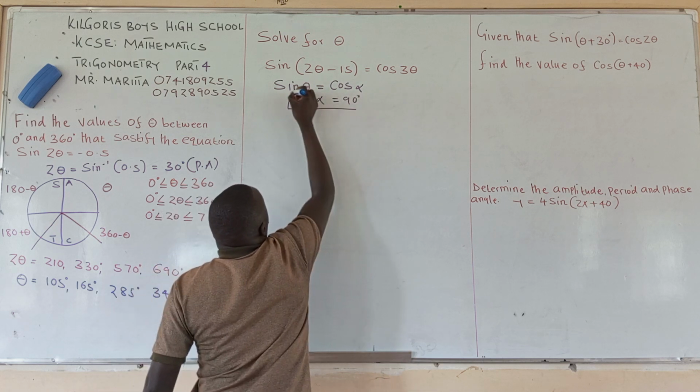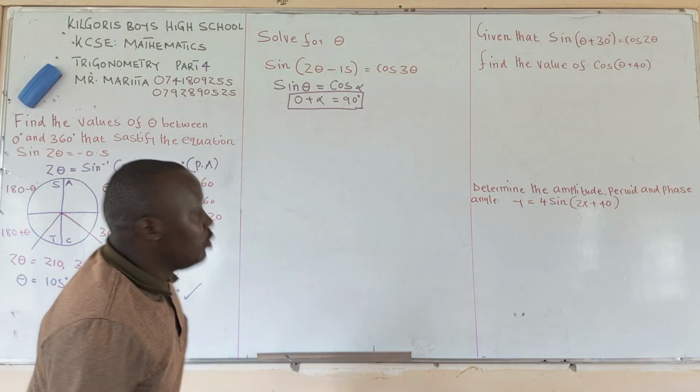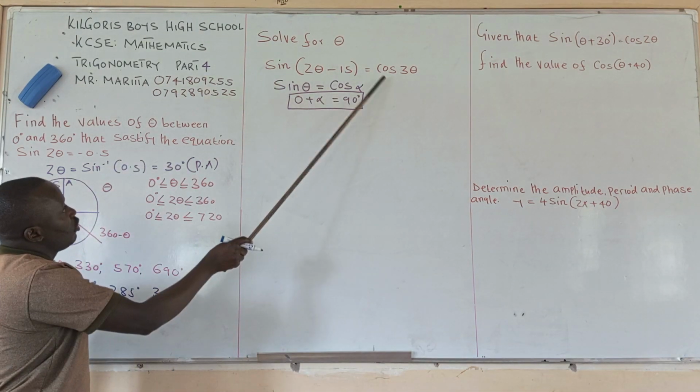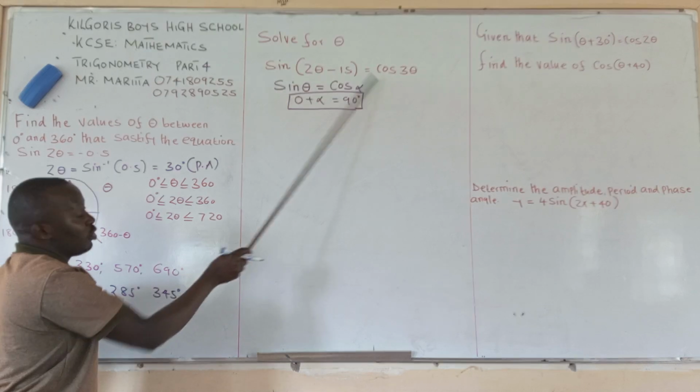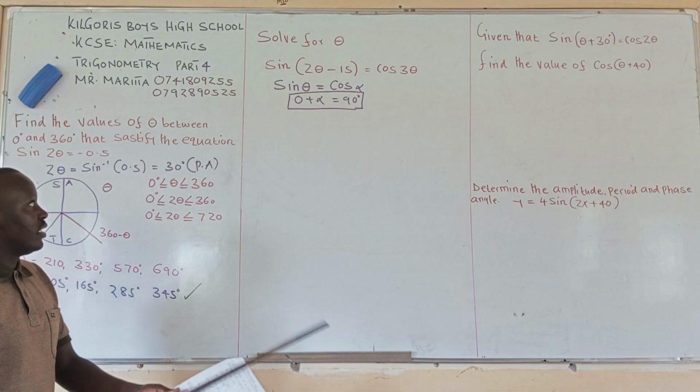This is what you are supposed to use here. So wherever you see sine is equal to cos, it means that the sine angle plus the cos angle is equal to 90 degrees.